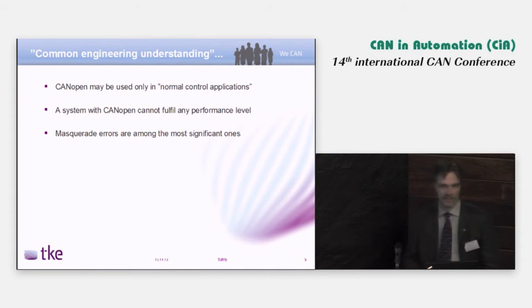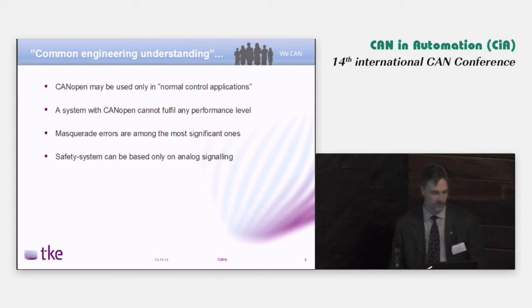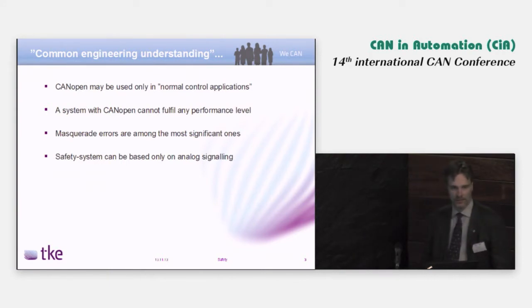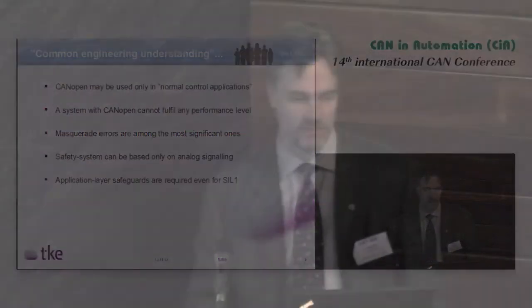And then, in the analysis I have been involved in during the last 15 years, a significant effort has been put into modeling masquerade errors and protection schemes against masquerade errors. And then, the funniest stuff. Those control engineers think that 4 to 20 milliamp is the best communication system in the world or in the universe, and that's the only possible basis for functional safety.